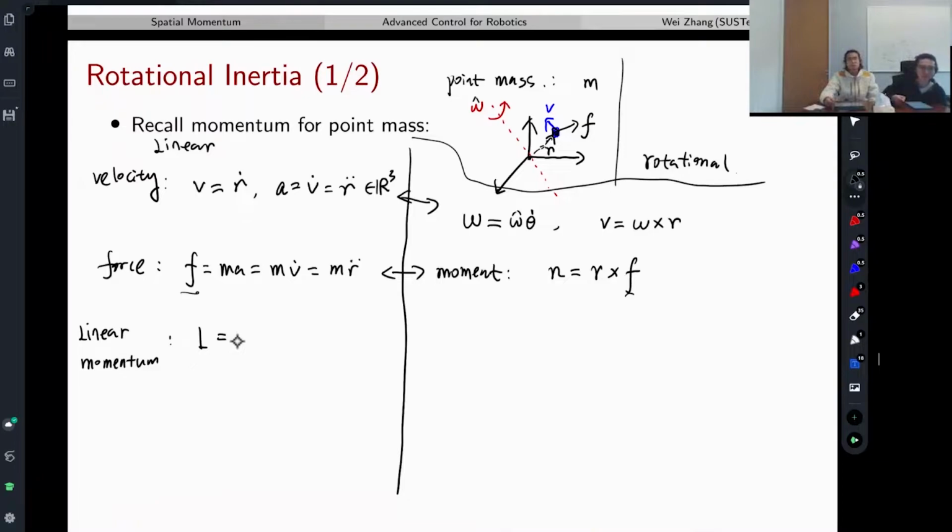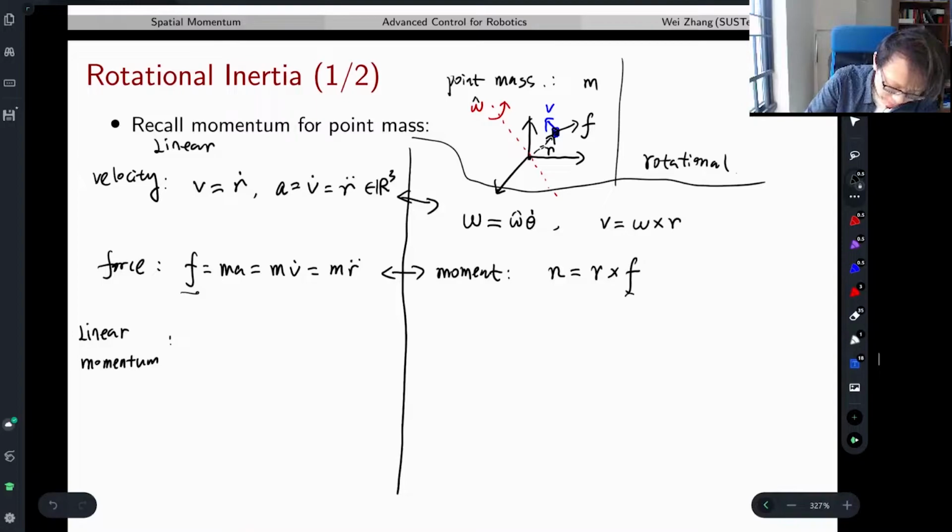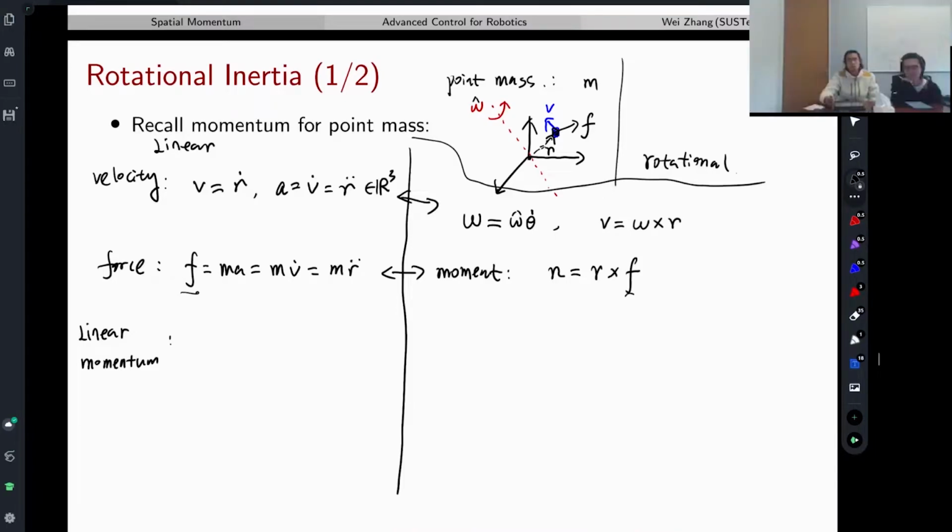That's rotational momentum, the translation vector cross. Yeah, that's linear. Linear momentum is the mass times v. Okay, great.